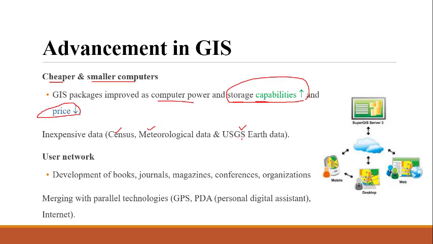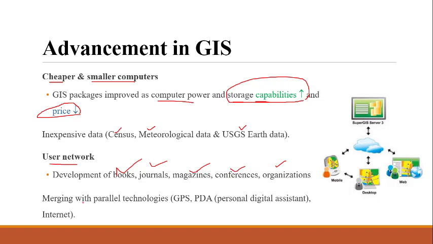So it is inexpensive and can be easily utilized for different types of projects. Another factor is the user network, which also developed due to books, journals, magazines, conferences, and organizations. All of these factors play a vital role in the advancement of GIS.